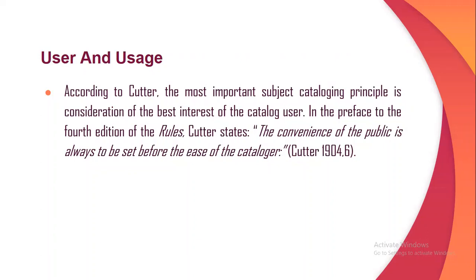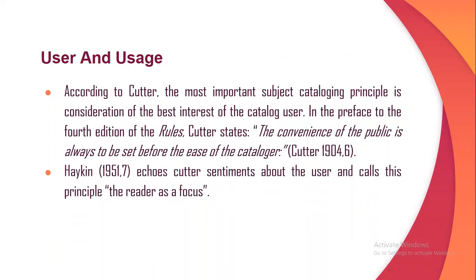In the preface to the 4th edition of the rules, Cutter states, "The convenience of the public is always to be set before the ease of the cataloger." And Haken in 1951 echoes Cutter's sentiments about the user and calls this principle the reader as a focus.